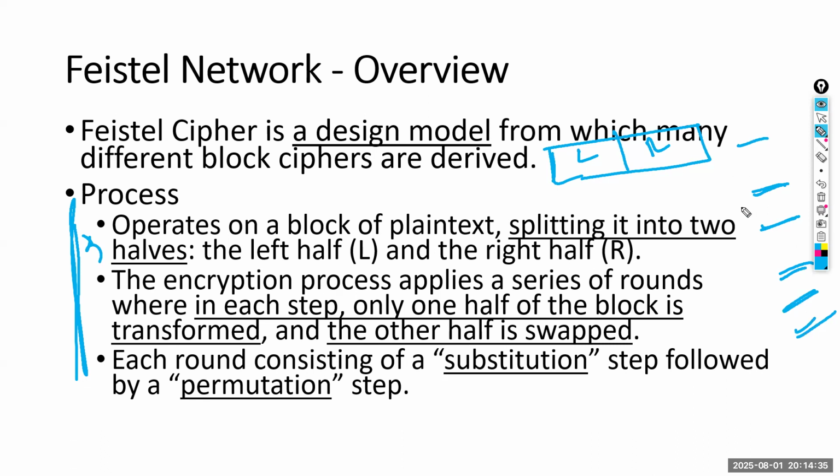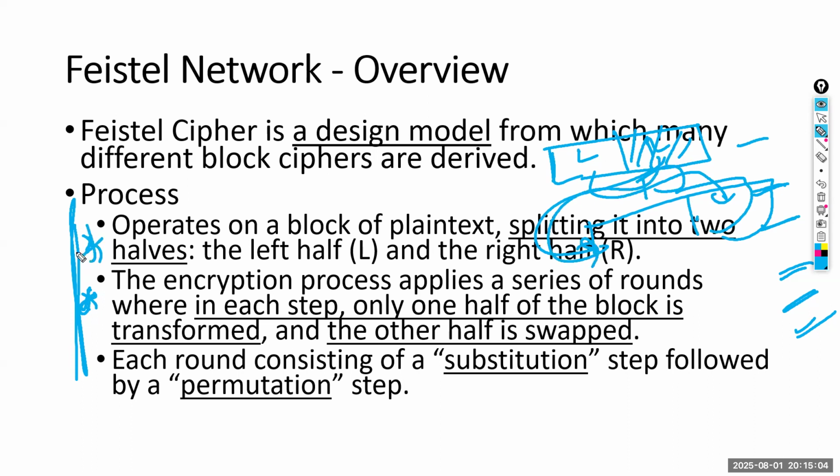Okay. In each step, only one half is processed. The other half is just copied. That is the second feature of the Feistel network. The other half is just swapped. And in the next step, your right half becomes the left half, but your left half is processed and becomes the right, while the other half is just copied.